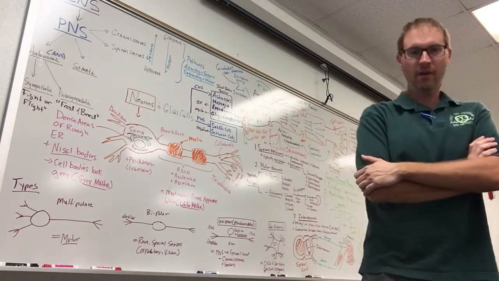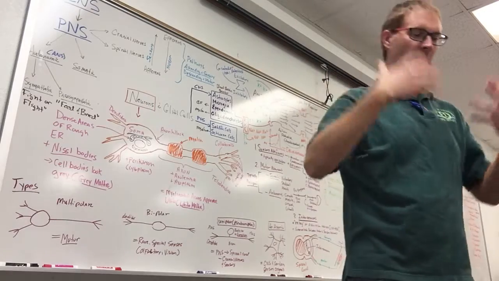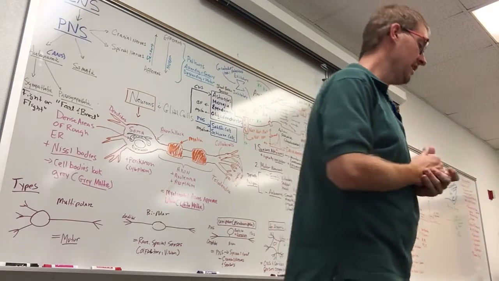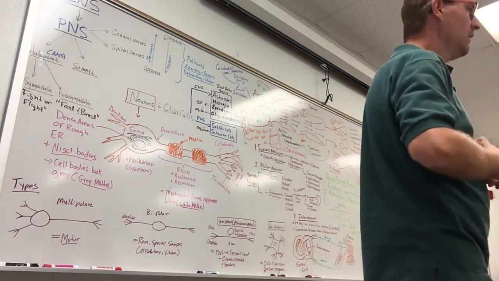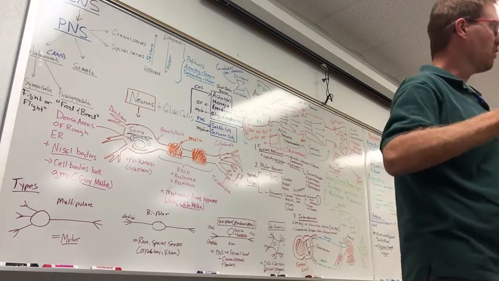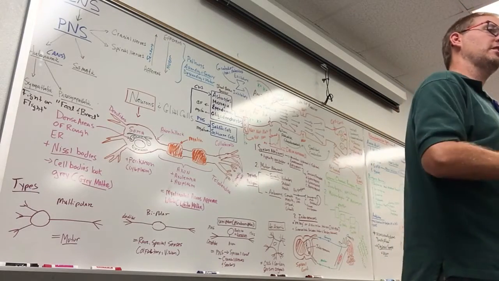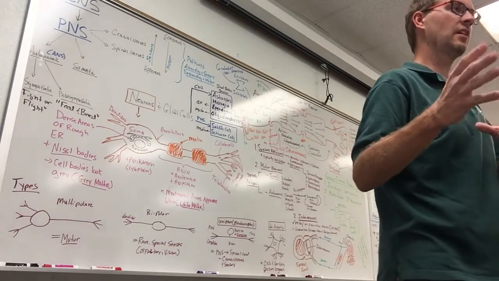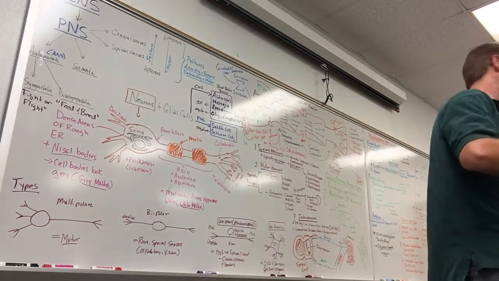With all the sodium out, negatively charged anionic proteins inside, and some potassium inside, we can compare the inside of the neuron to the outside.